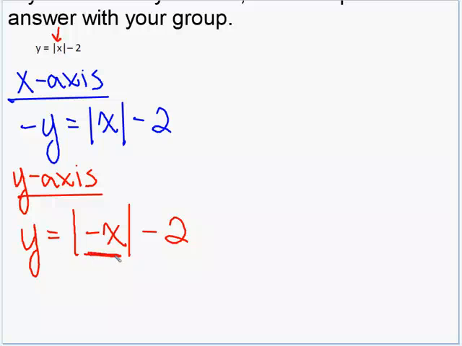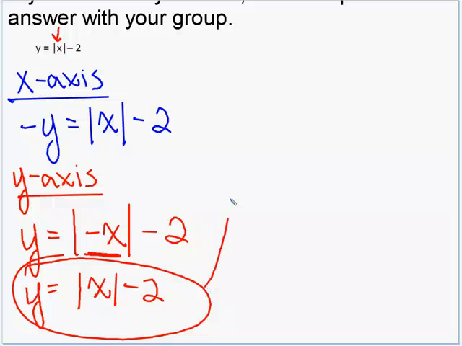The bars will make what is in here positive, so the bars will negate out this negative sign in front of the x. So we could rewrite that as y equals absolute value of x minus 2. It doesn't matter if it's positive or negative in here. No matter what x is, that's what's coming out. So here we do have an equivalent expression. So we do have y-axis symmetry.